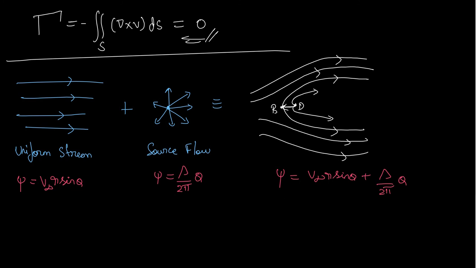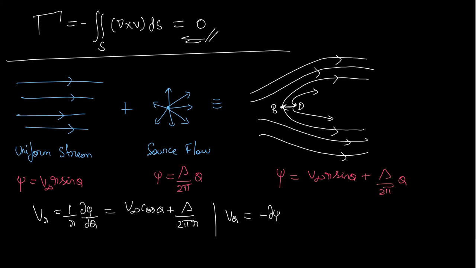Now from this I can get my Vr and V theta, because we know that Vr is nothing but 1 by r partial derivative of psi with respect to theta, and I can just differentiate this. I'll get V infinity cos theta plus lambda by 2 pi r, and similarly I can also get my V theta, which is minus partial psi by partial r.